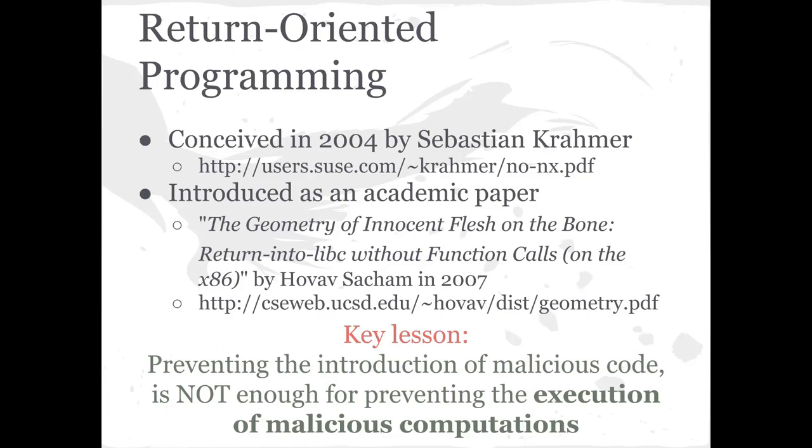What Hovav Shacham did, I believe in his paper, was demonstrate with exploit code that he could do a search for all the gadgets in a program and put them into a catalog.